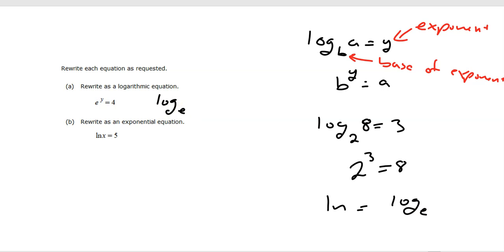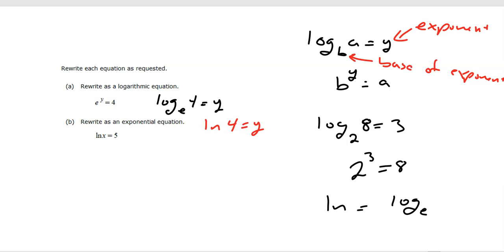The number beside it is what it's equal to, and the exponent is out here. So we have log base e of 4 is equal to y. Since log base e is special, we write that as the natural log. So this would be properly written as natural log of 4 equals y.